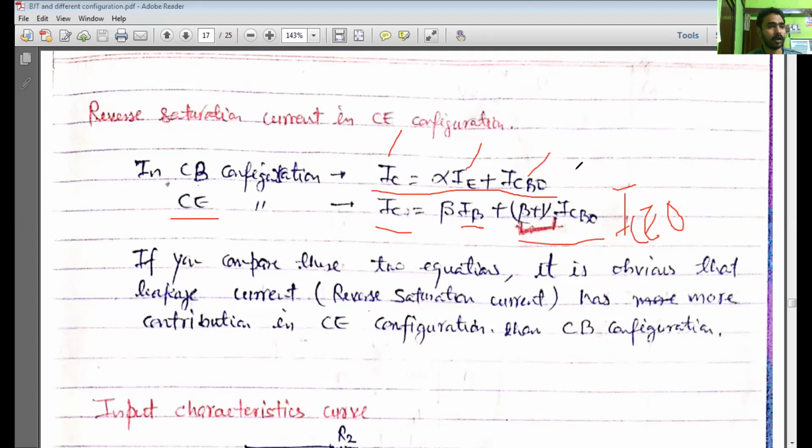So it's beta plus 1 times the common base reverse saturation current. So the reverse saturation current in the common emitter case is much higher than in the common base. So in the common emitter configuration, your reverse saturation current has a higher weightage, more contribution.